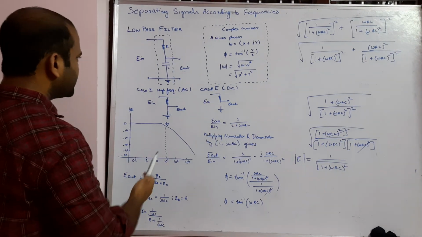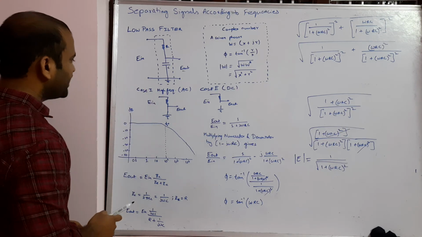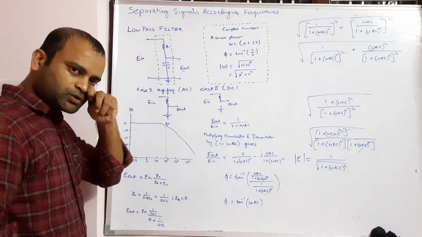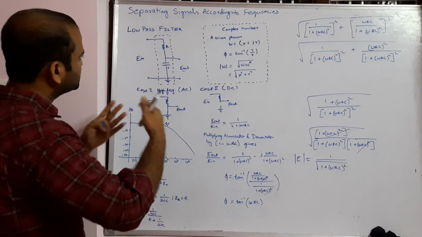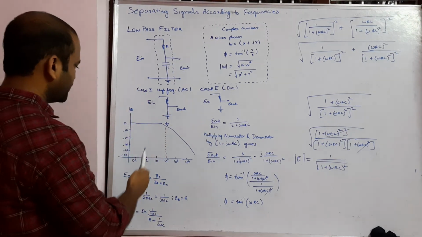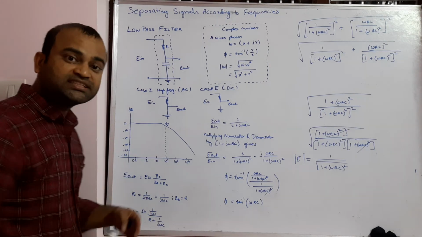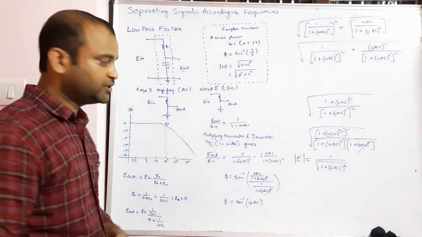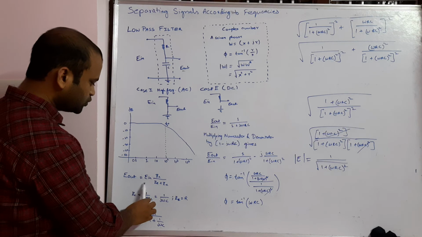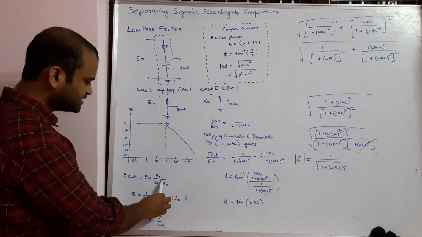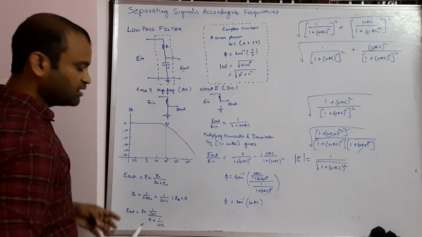Now we know that using Ohm's law we have the impedance of this circuit. So E out is equal to the input voltage, using the voltage divider formula which we discussed in our previous video, E in into ZC by ZR plus ZC. How?